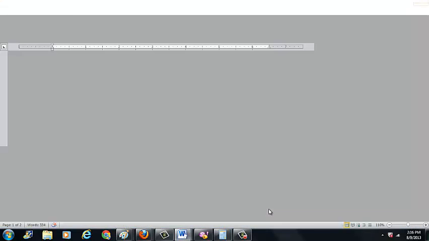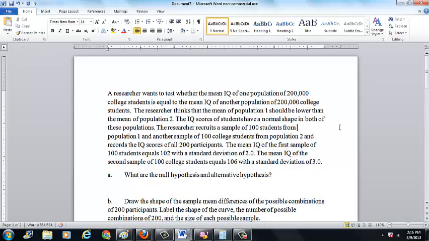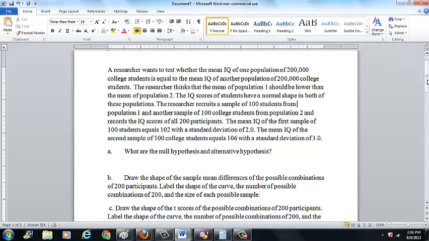And then this other type of question, it's just a different version of the same question. This one says the researcher thinks that the mean of population 1 should be lower than the mean of population 2. That tells us what our alternative hypothesis is going to be.